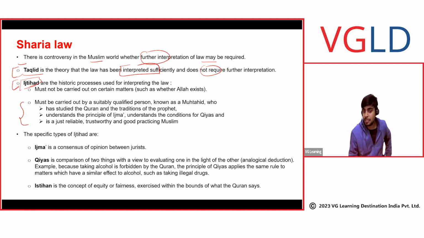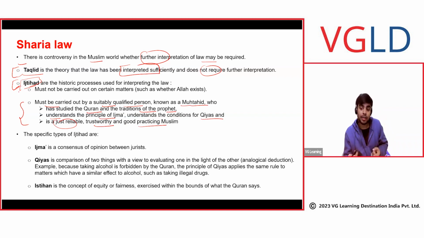The principle is that it must be carried out by a suitably qualified person known as a mujtahid, who has studied the Quran and tradition of the Prophet Muhammad, understands the principle of ijma, understands the condition of qiyas, and is a reliable, trustworthy, and good practicing Muslim. So these are the principles given by ijtihad: if you want to interpret the law, you have to have these qualities.